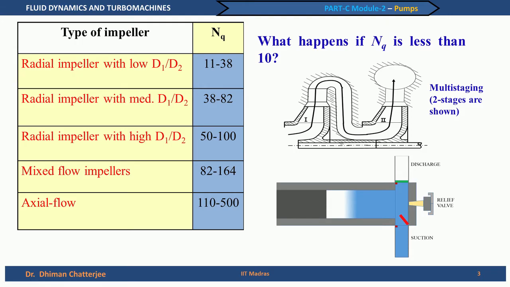I have given a reciprocating pump here just as an example, but what I mean is this is a positive displacement pump. Thus, when we have NQ less than 10, it is many times advisable, economically desirable to have a positive displacement machine and not a turbo machine. So, in this course we will restrict ourselves to NQ greater than 10.